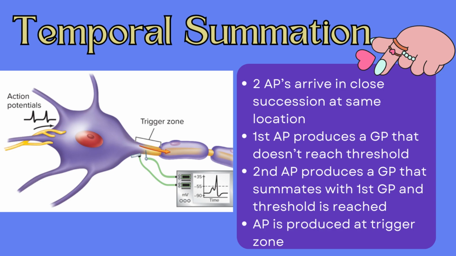An action potential is then produced at the trigger zone. So with temporal summation, it is two graded potentials adding together in the same place, but at different times. So they're right next to each other, right after one another, but they're actually at slightly different times.